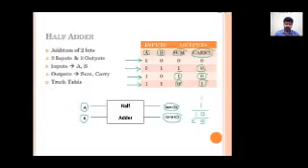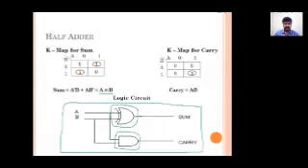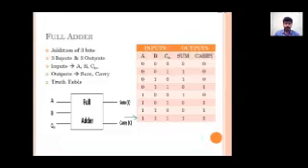Later, we discussed the basic combinational circuit, that is the half adder. The half adder has 2 inputs and 2 outputs. The circuit of a half adder has an XOR gate and a 2-input AND gate. Later we discussed the full adder circuit. The full adder has 3 inputs and 2 outputs.